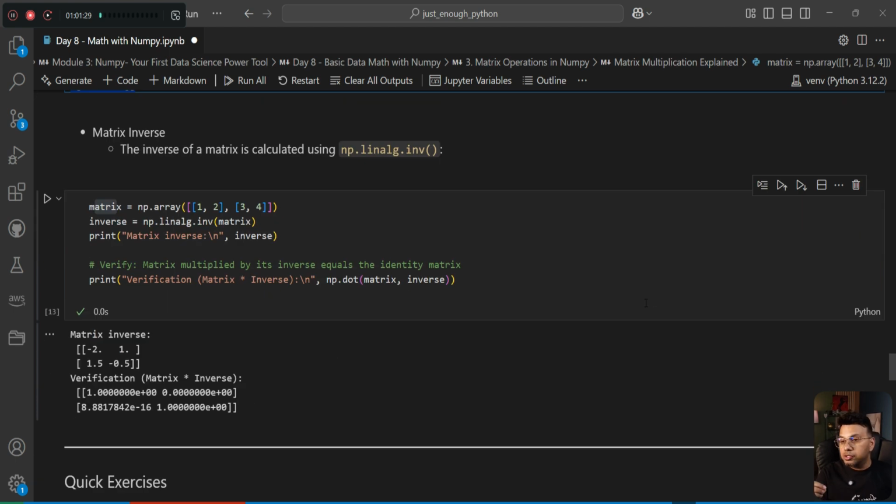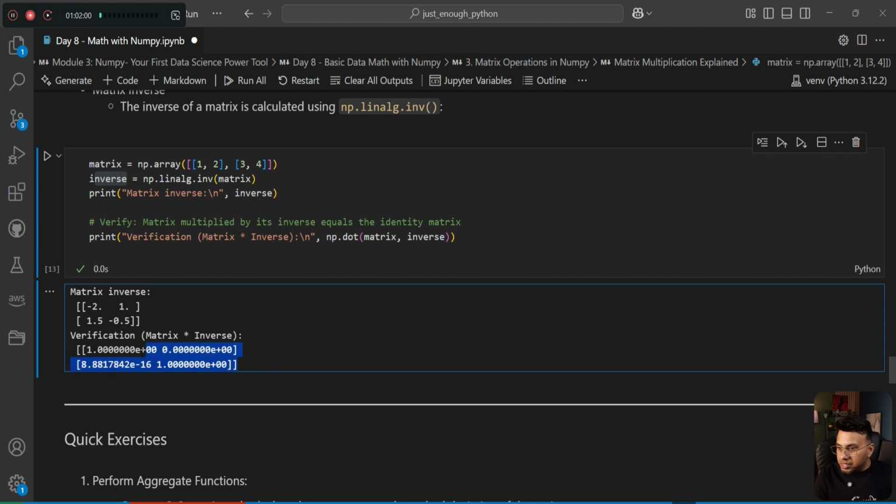This is how, in fact, you can verify if a particular matrix is an inverse or not. So here we are doing a dot product, which is a matrix multiplication of this original matrix and the inverse of it, and this is what we receive. Now you might feel that this is not an identity matrix, but I would like you to have a closer look.